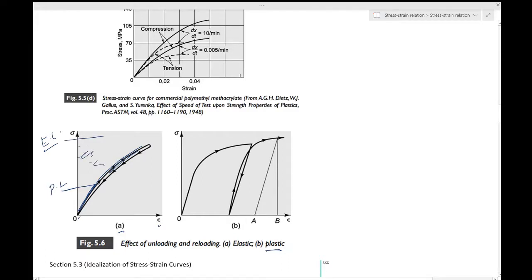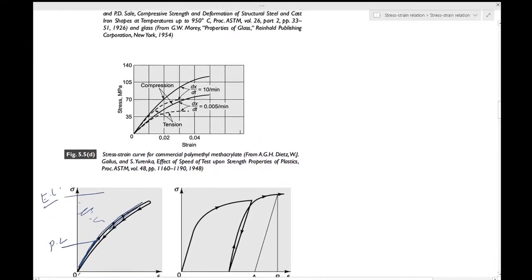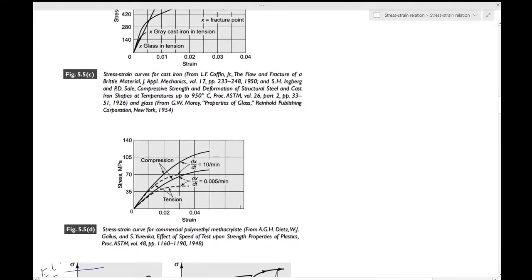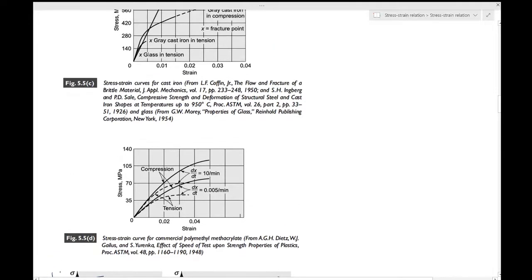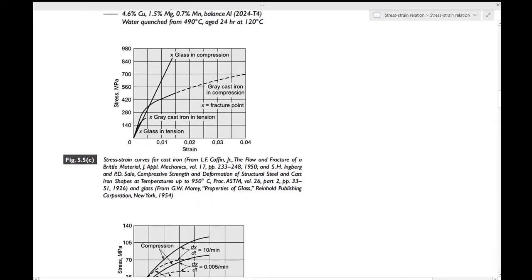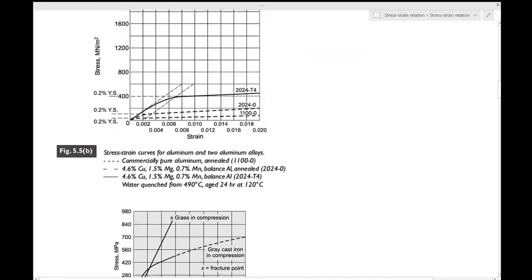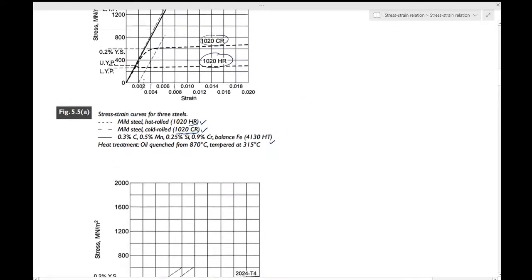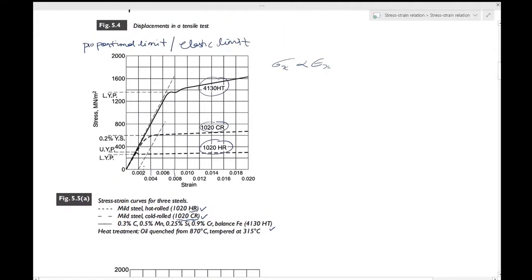For the material shown in figure 5.5, all these four figures, the proportional and elastic limits coincide. For all these figures, you just observe that these two limits have the same value.